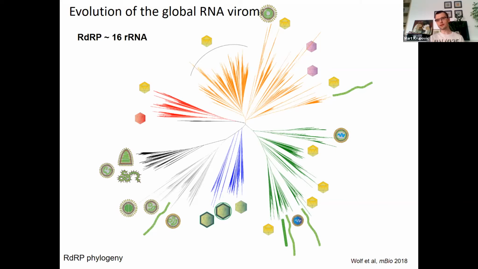Even among the viruses which share relatively closely related RNA-dependent RNA polymerases, there can be viruses with icosahedral, rod-shaped, filamentous, enveloped, all kinds of different virions, which indicates that there has been extensive exchange of the capsid protein genes in this part of the virosphere from other viruses, but also from cellular proteins, like in the case of alphaviruses here.